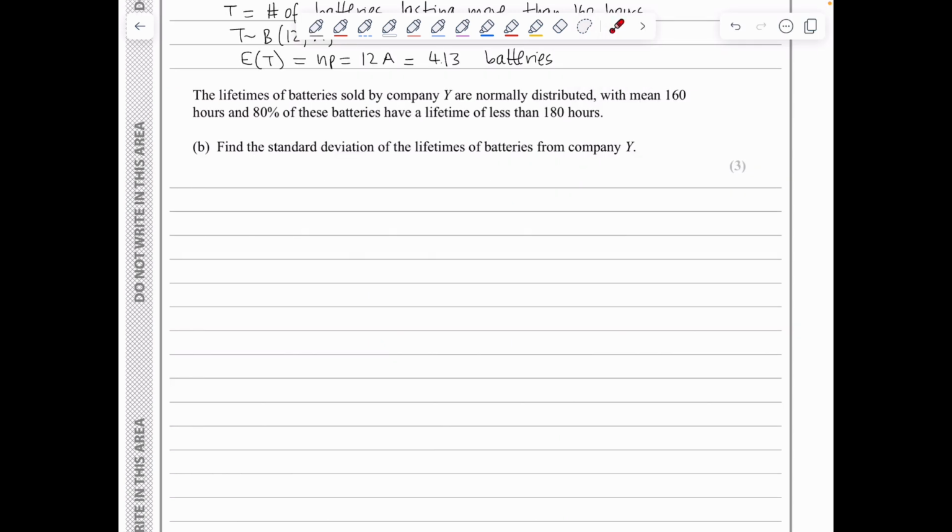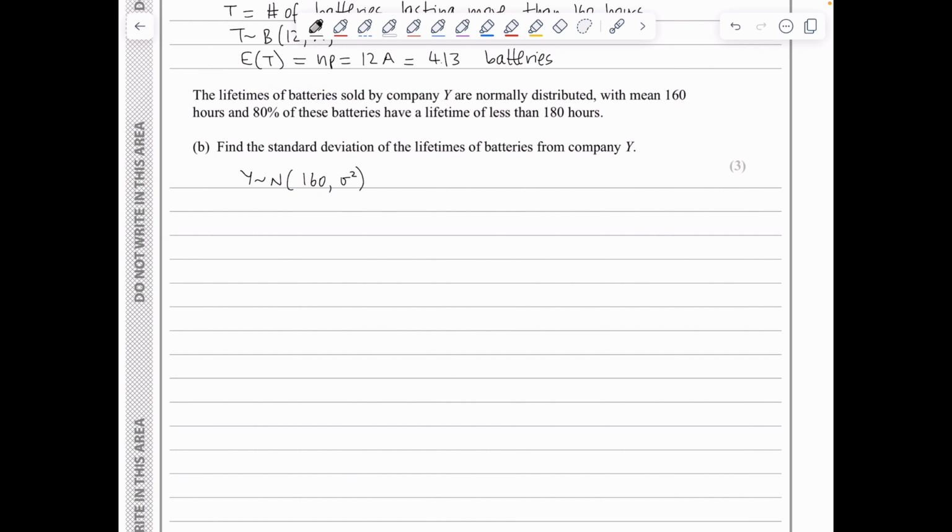We are then told about the second company Y, also selling batteries. Their lifetime is normally distributed with mean 160, and 80% of these batteries turn out to have a lifetime of less than 180 hours, and we need to find the standard deviation. So let me start by saying that Y here follows normal with mean 160 and unknown standard deviation sigma.